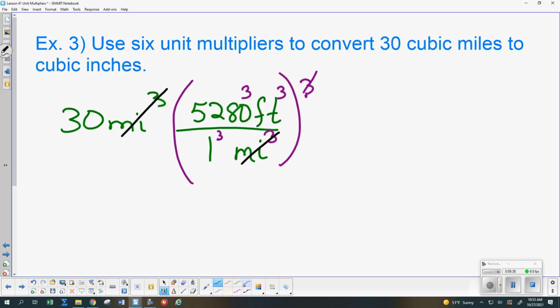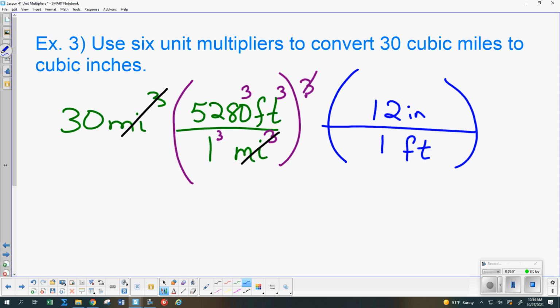So now I need to change the feet to inches. They are in the numerator, so I need them in the denominator. 12 inches in 1 foot will cancel feet, but I need to cancel it 3 times, so I need to use that multiplier 3 times, which means I have the 12 cubed, the inches cubed, the 1 cubed, and the feet cubed.